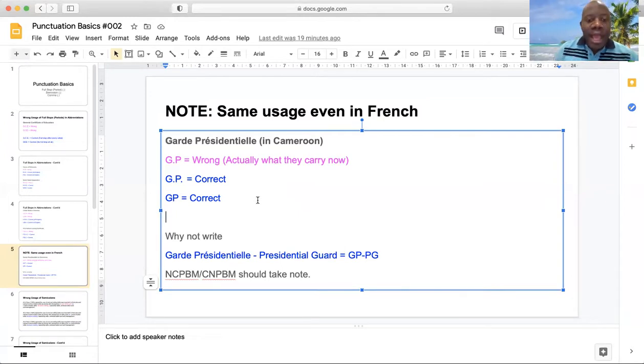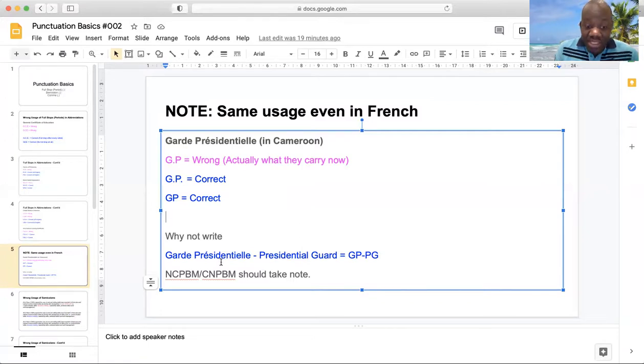Okay. And I'm even suggesting, why even write it only in French as garde présidentielle and then abbreviate only GP, and then no abbreviation for English in a bilingual country as our country is? That's why I'm thinking, why not just write something like this?